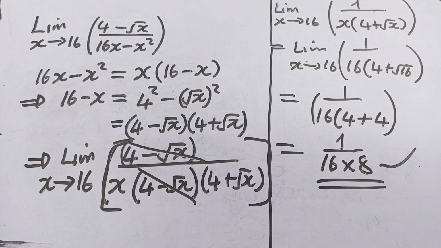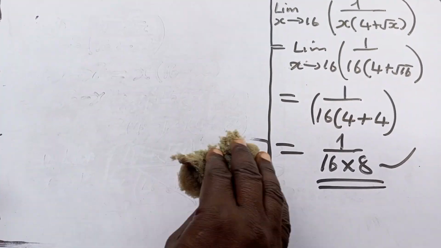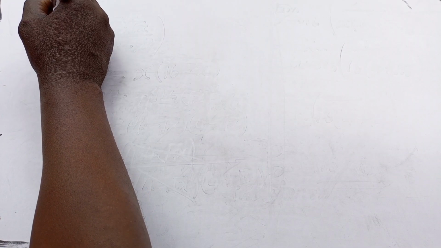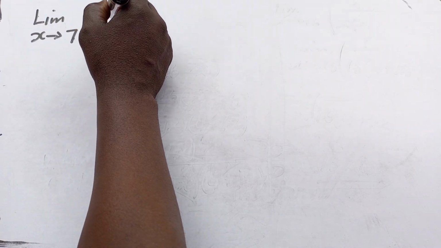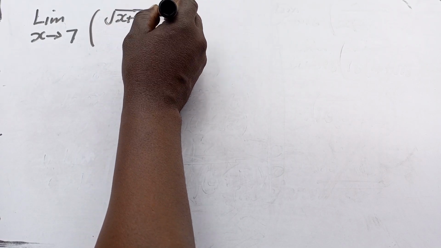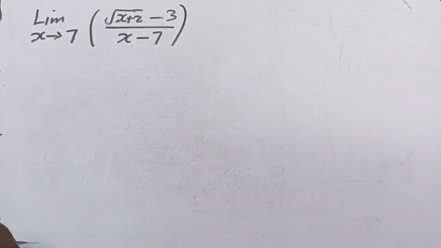Now let's take the second limit. Let's take the second exercise. We are given the exercise to find the limit as x approaches 7 of (root of x plus 2 minus 3) all over (x minus 7). This again is a rational function, and at the limit point 7, we have indeterminate 0 over 0.